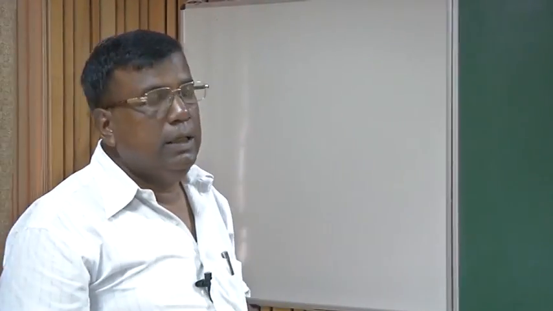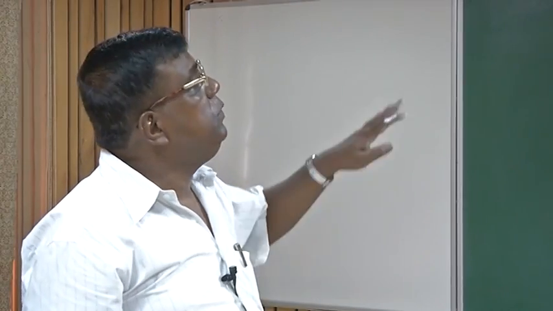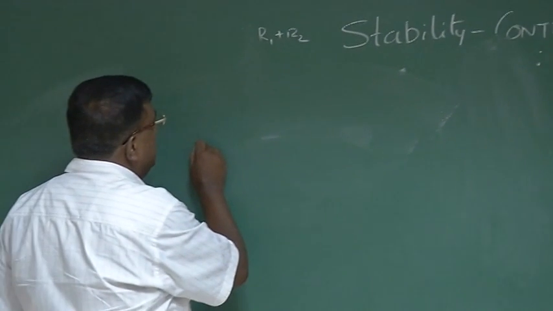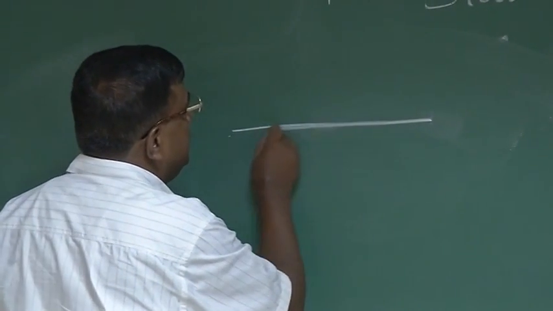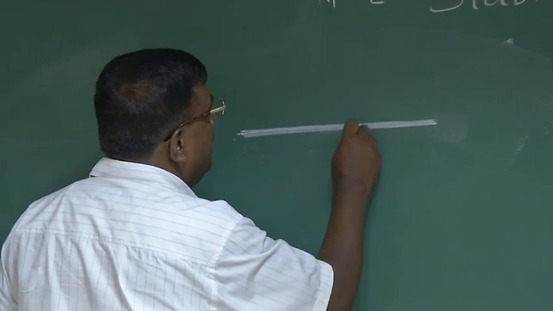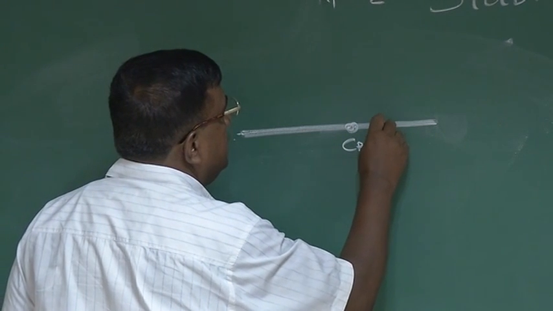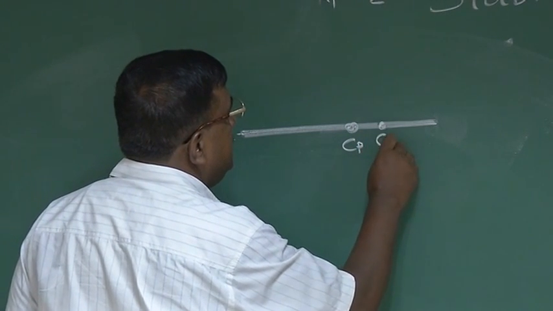If I have understood this, let us try to use it and try to see stability and control aspects of an airplane through this basic understanding. Okay? Again we go back to George Calais. So this is that magic plate, and let's say center of pressure is here and Cg is here.